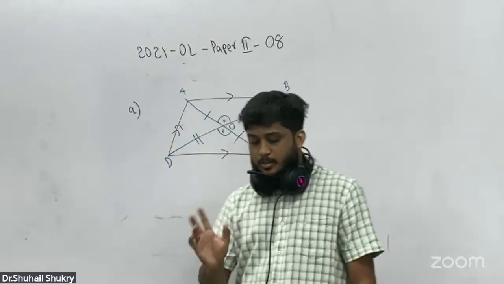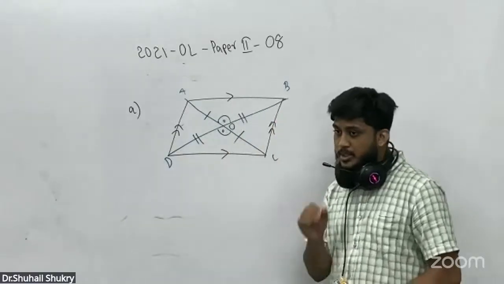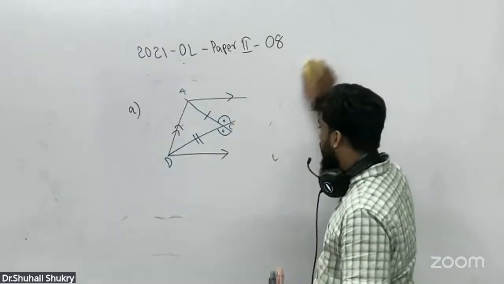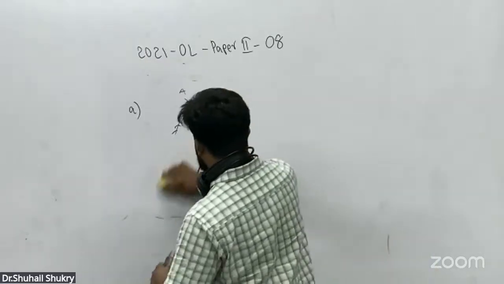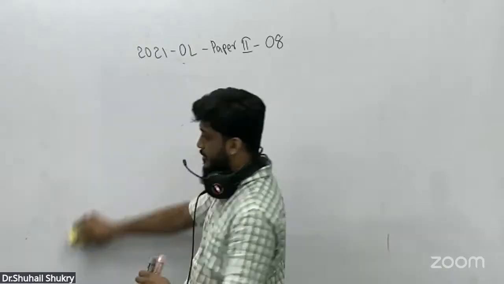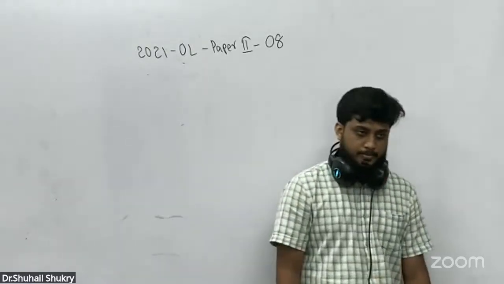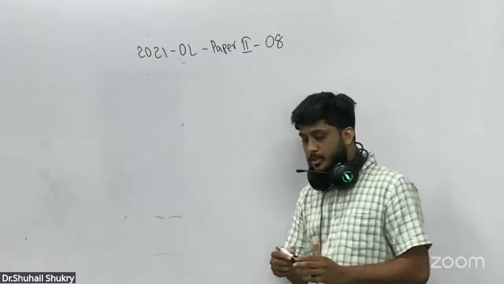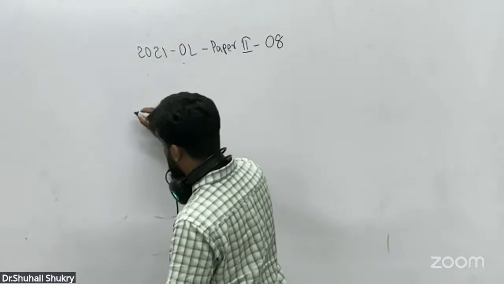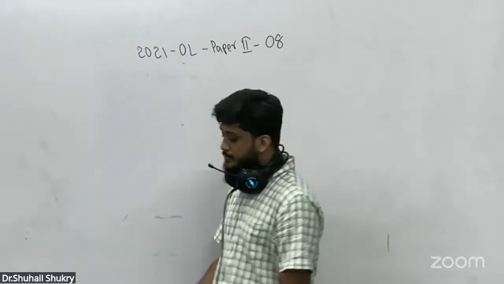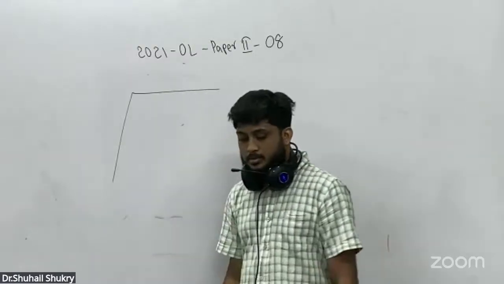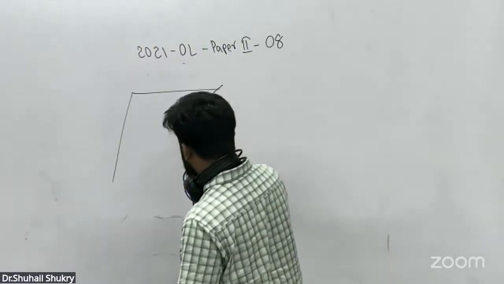First of all, if they ask you to prove a theorem, actually you are lucky. It's easy. But remember, whenever you can't prove it from only the diagram, try to draw construction lines. Now we'll see this question. They are given like this. Now we'll join this.